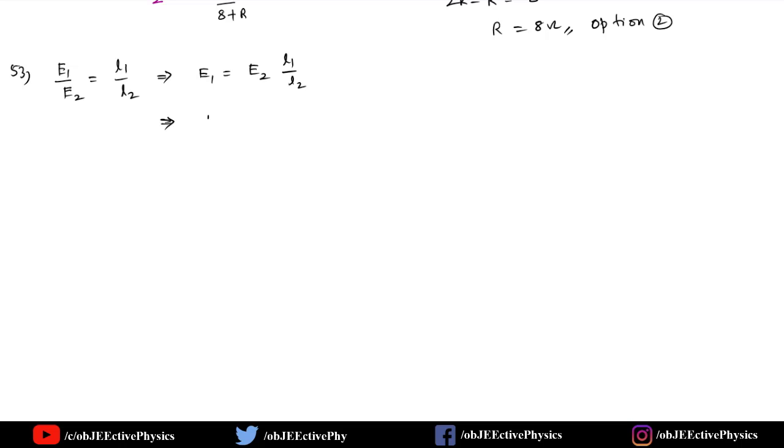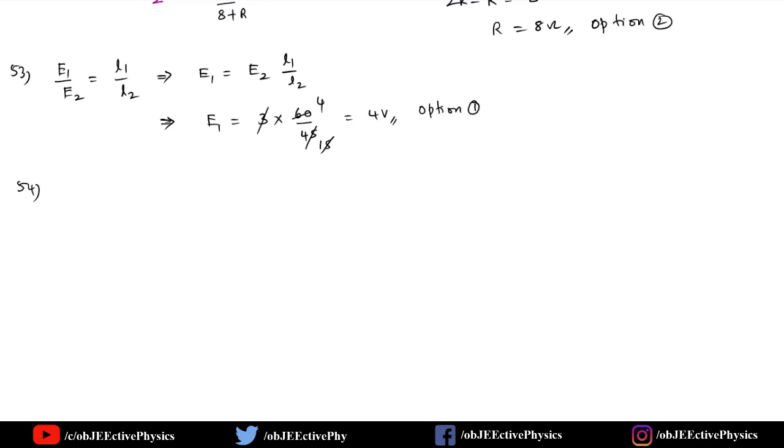That implies E1, the unknown EMF, is equal to the known EMF 3 into L1 60, L2 is 45. So 3 into 60 divided by 45, that is equal to 4 volts. 4 volts is the answer, option 1.